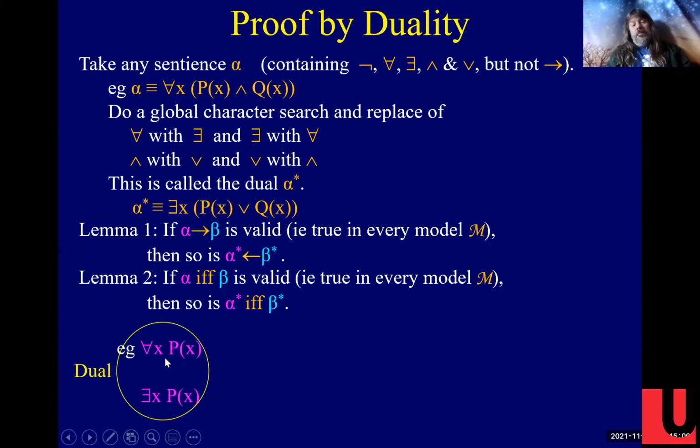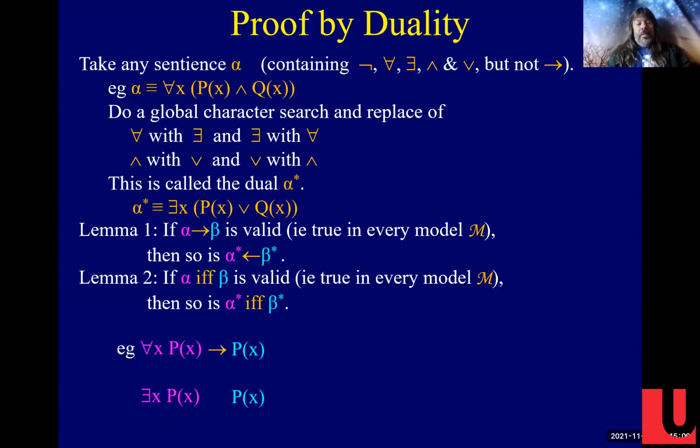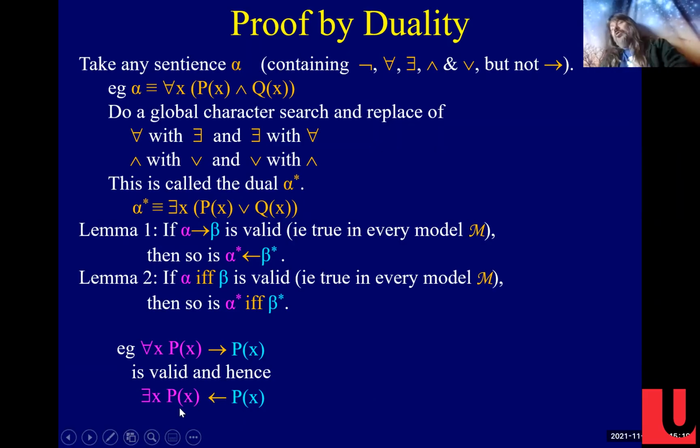Here's another example. We take the dual, and all right, so this says, right? We take the dual of each, and if this implies that, then this implies that. You haven't seen this example yet, since I changed the order I'm doing things.